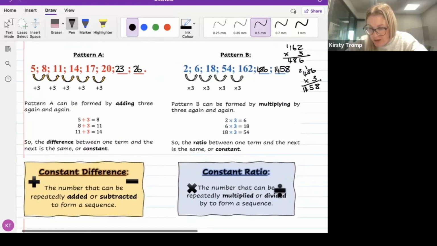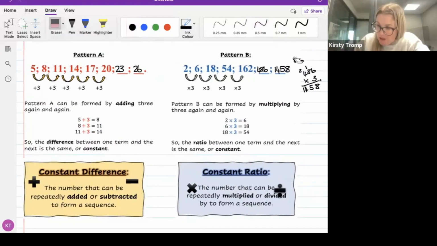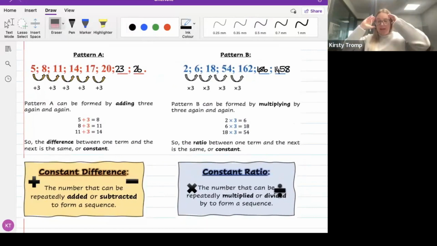All right, so if you know how to do that, now is the time to take a nice screenshot of this note if you didn't get to write it down. Okay, it's really nice as a reminder. What is a constant difference? What is a constant ratio? How do I work out those two? All right, so Mr. Hugo has put a really nice note for you on how to do that on Windows.